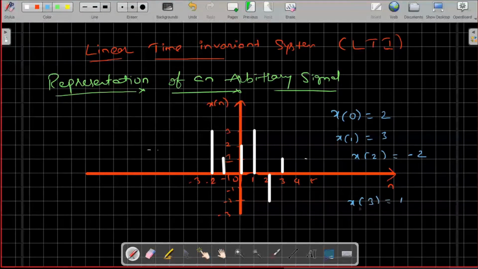For the negative times, x of -1 is 1 and x of -2 is 3. Okay, first I am trying to represent the sample at n is equal to 0 in terms of impulse.